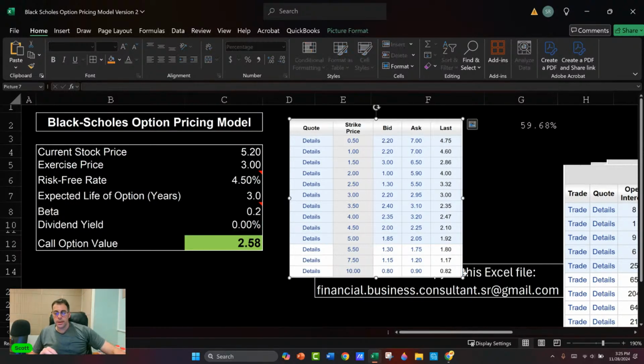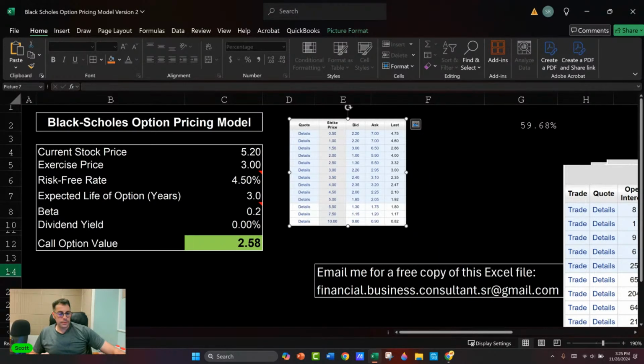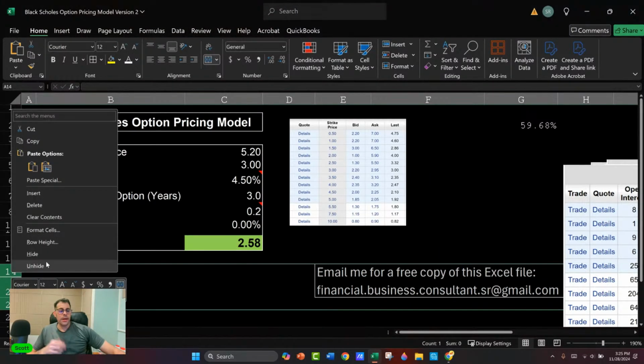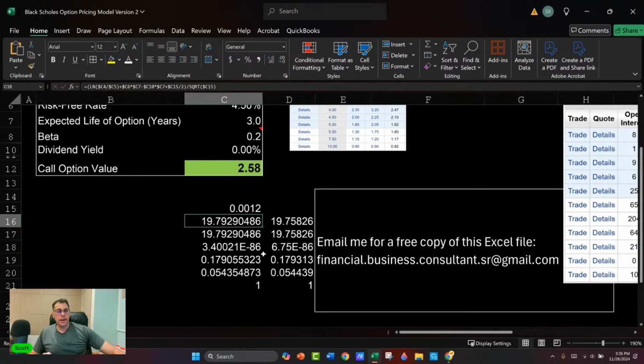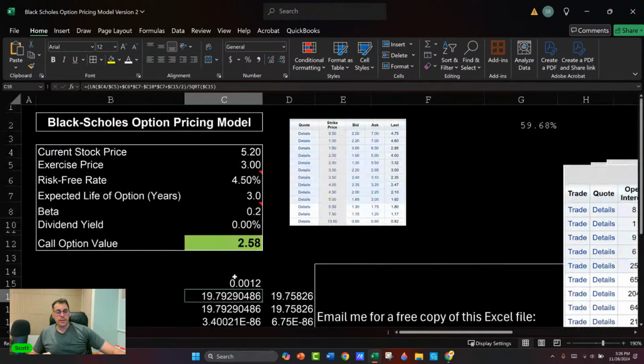You should just totally plug in the calculations in here. It's a hidden cell. A lot of the calculations are behind the scenes here.